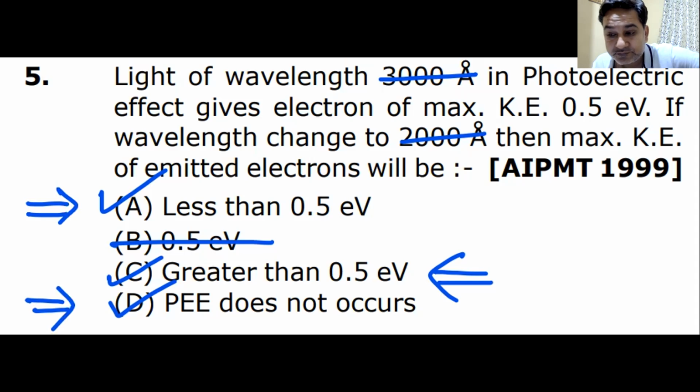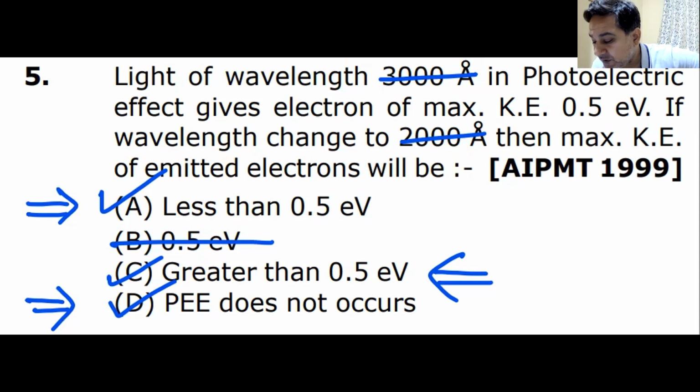Yes or no? Now two options are possible. In this case, I will have to find out the threshold frequency. If the frequency of this radiation is more than the threshold frequency, the option is A. If the frequency of the radiation has become less than the threshold frequency, the option is D. Do we understand this? Yes, sir.